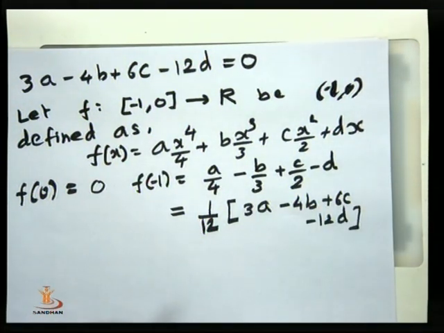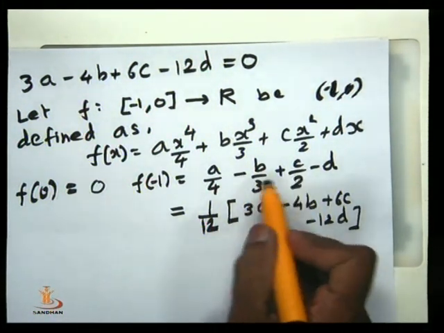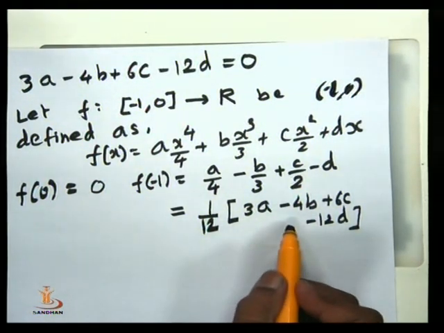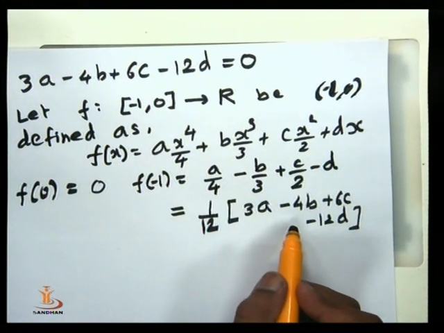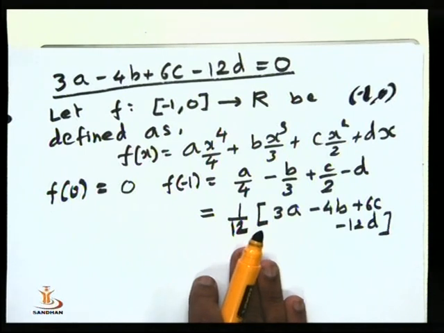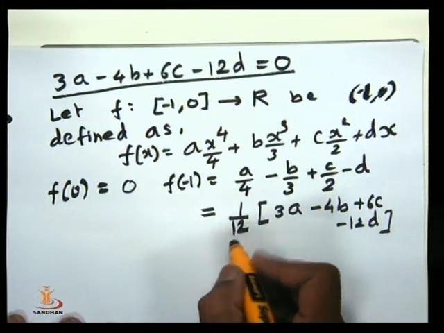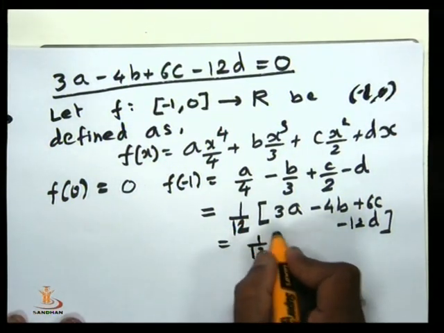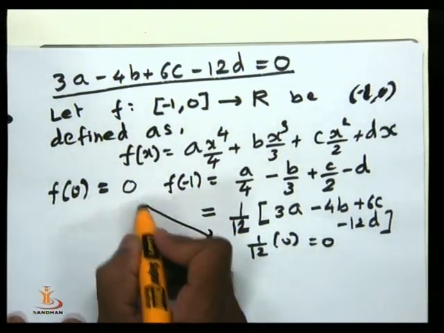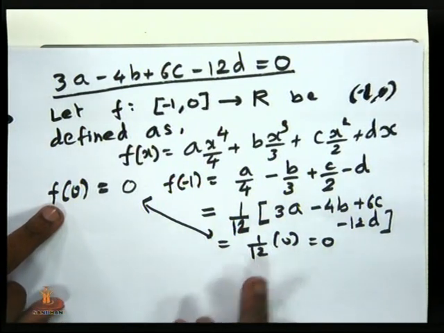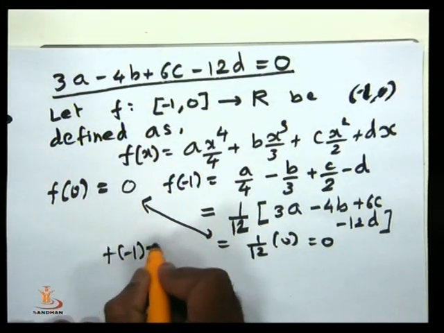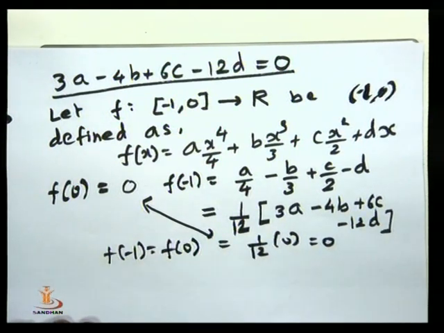If you take 1 by 12 common from this expression, you will get this. And you know very well, in the statement of the problem, we are given that this value is 0. So we get 1 upon 12 into 0, which is equal to 0. Hence these two values are equal. F of 0 and f of minus 1 are equal.